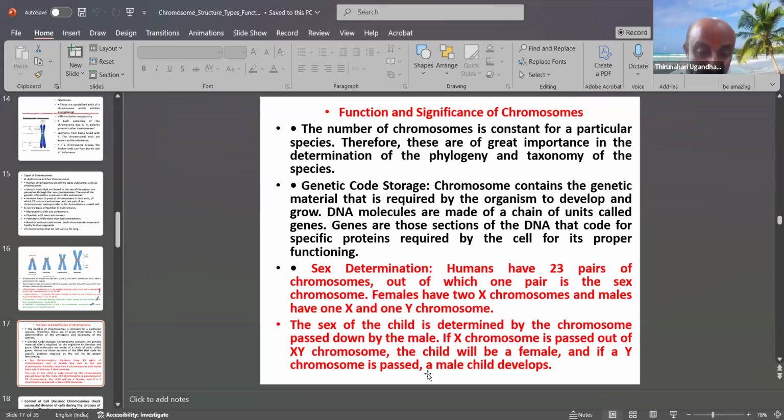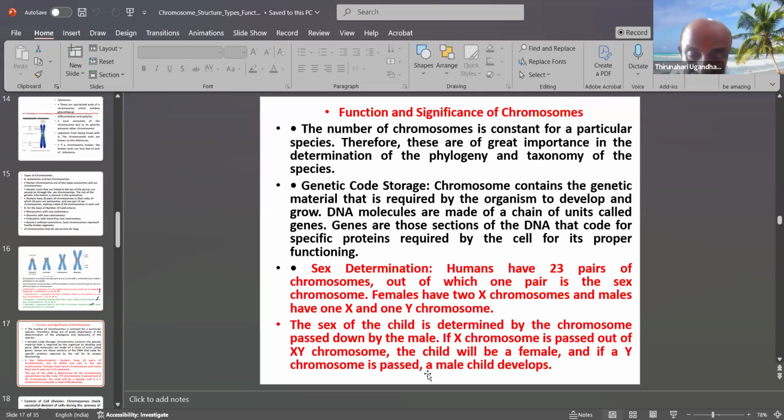Then sex determination. Human beings have 23 pairs of chromosomes, out of which one pair is the sex chromosomes, XY and XX. XX is the common feature of the female. XY is the common feature of the male. Only the Y chromosome is responsible for male characteristics.